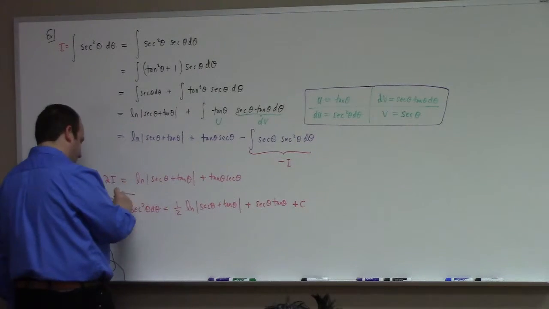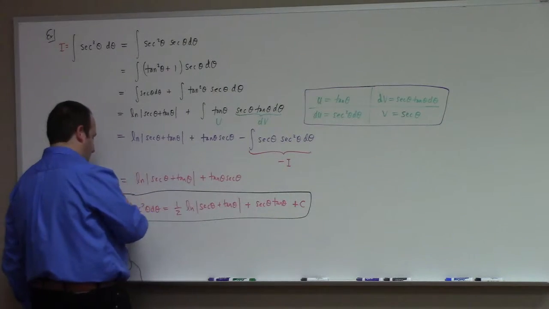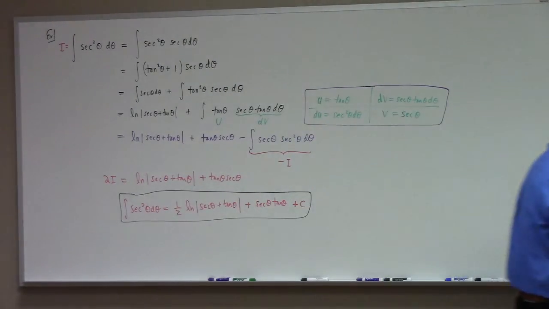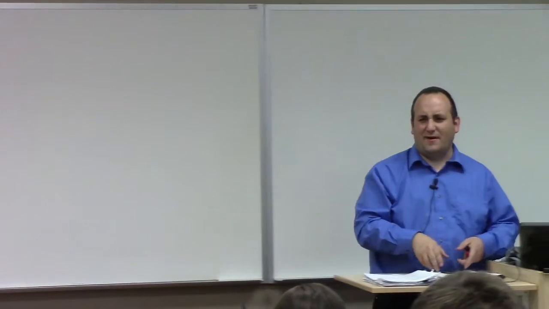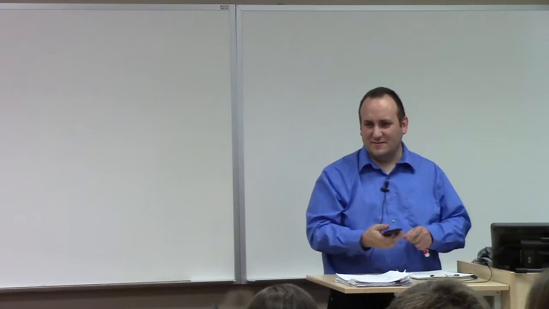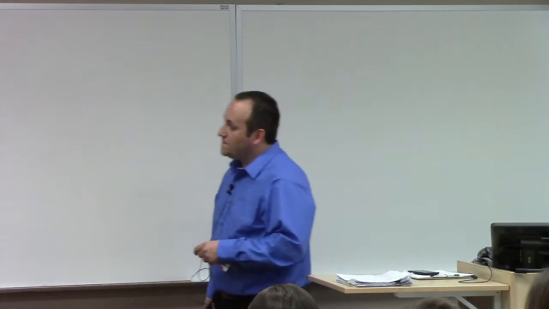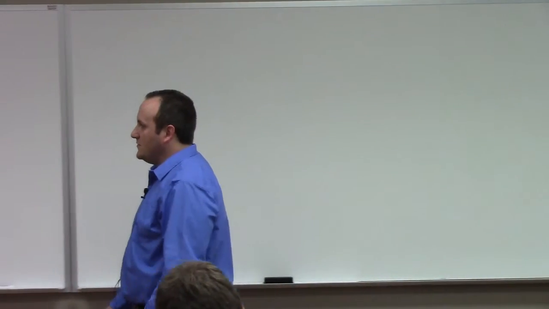Now, you're like, well, that wasn't too bad, right? I mean, I spent how many minutes on this? What, 5? But you got to think about how I got to the answer, right? I had the foresight to change the secant cubed to secant squared secant.